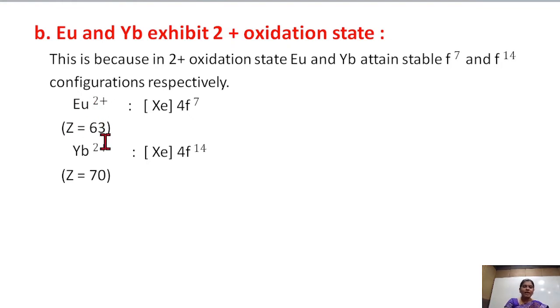Europium 2+, atomic number 63, has the electronic configuration xenon 4f7, while ytterbium 2+ has xenon 4f14. In europium the f subshell is half filled, and in ytterbium 2+ it is fully filled.